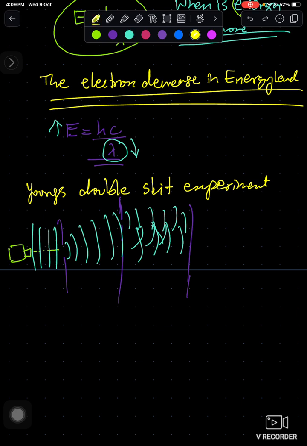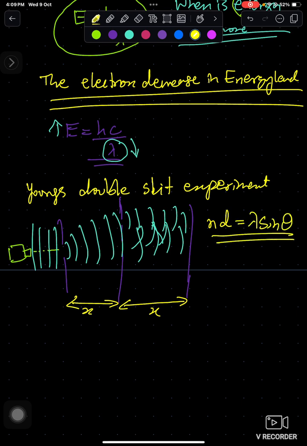So first of all, let me describe this. This is x, this is x, and there's an equation for this which is n lambda equals d sine theta. If I'm right, this is the equation, and it's somewhat like this.